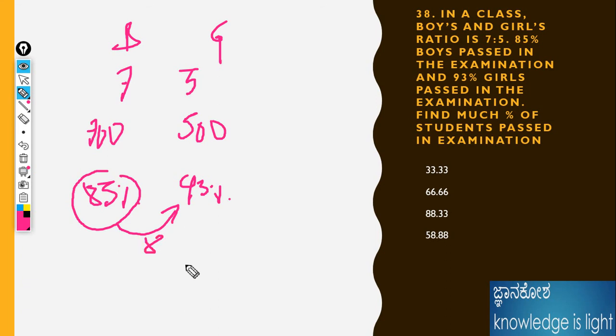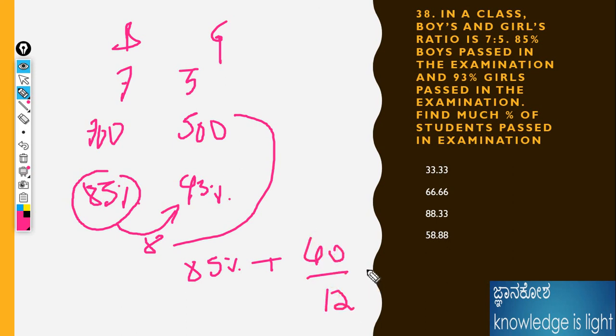Then take 8 times 5, which is 40, and 7 plus 5 is 12. 40 by 12 is 3.33. 85 plus 3.33 is 88.33.